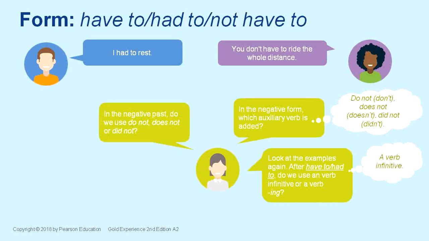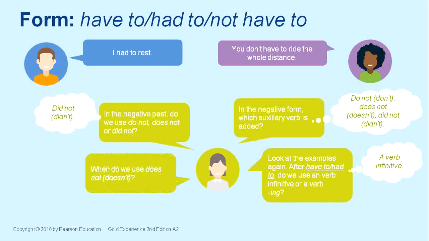In the negative past, do we use do not, does not, or did not? Did not. And when do we use does not, doesn't? When we use the third person singular, so he, she, or it in the present.